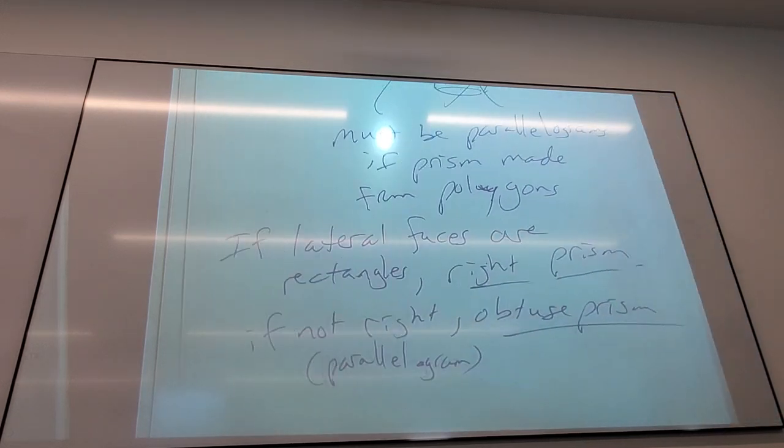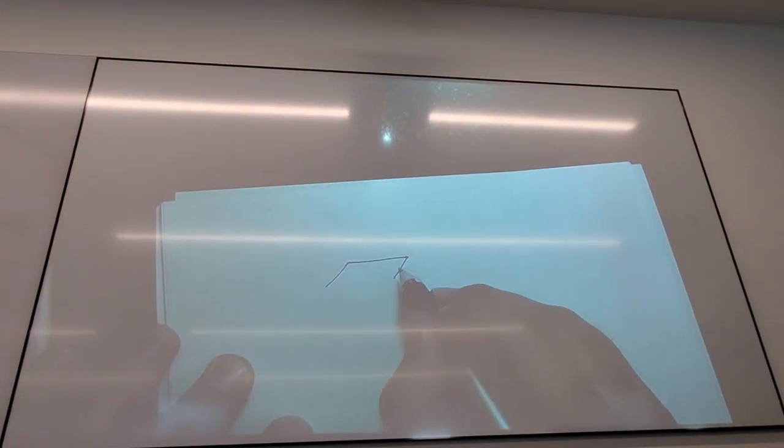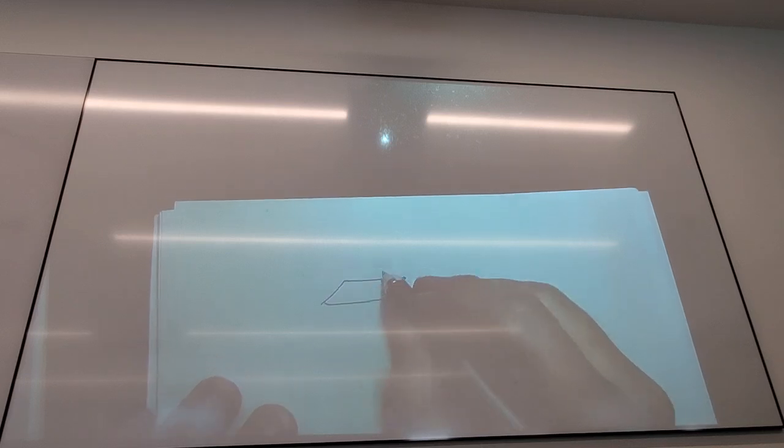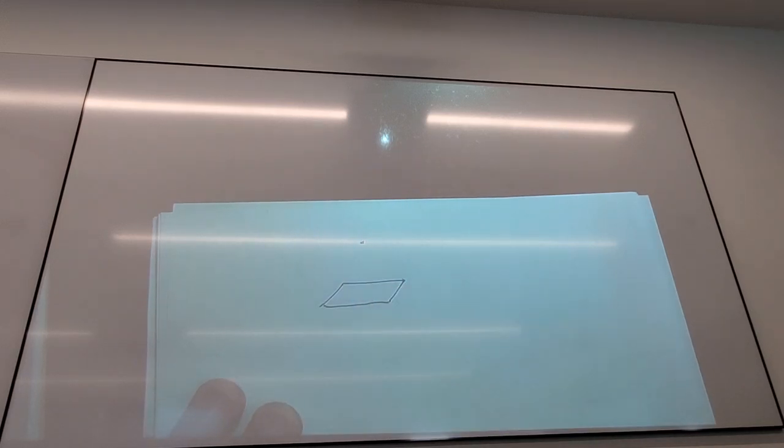Let's focus on pyramids a little bit. Let me see if I can get you to try something out for me. Can everybody make a parallelogram on your paper? Pick a point hovering over it, sort of in the center.